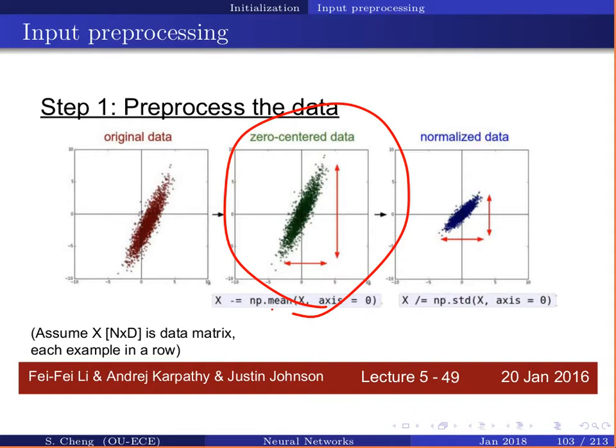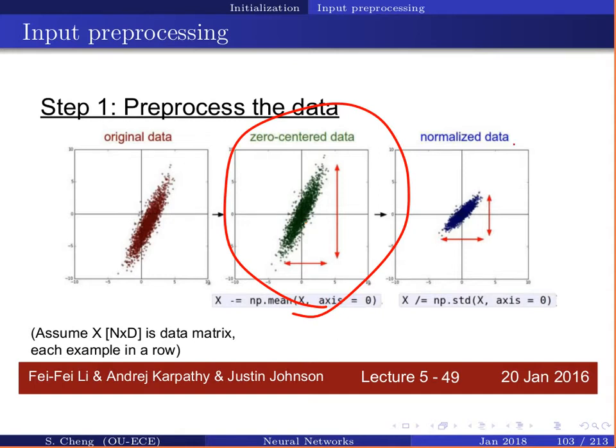Therefore, the training will not be quite effective. So you always want to make sure your input data is not all positive or all negative. One way to do that is simply to make it zero mean. It's very easy, you just subtract the mean, so the data will be zero centered.